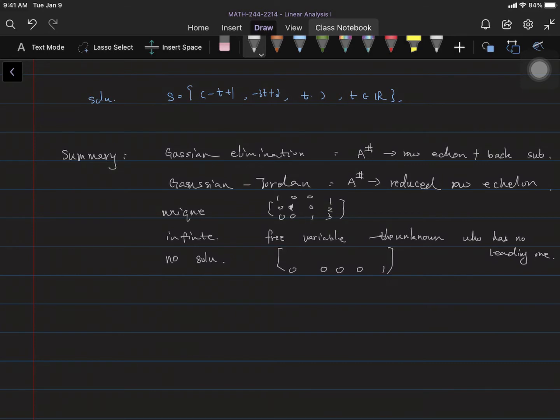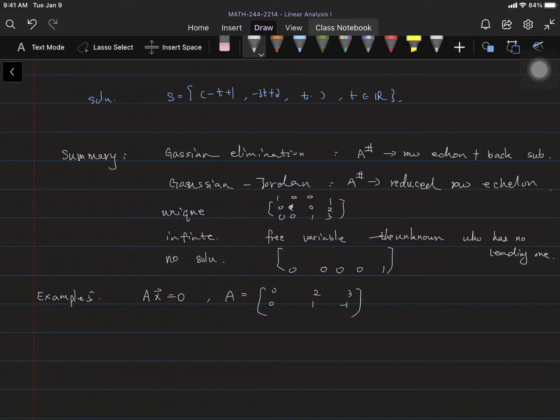And now let's take a look at another example. Example 5. Determine the solution set of Ax equals 0. Do you still remember what we call this linear system?